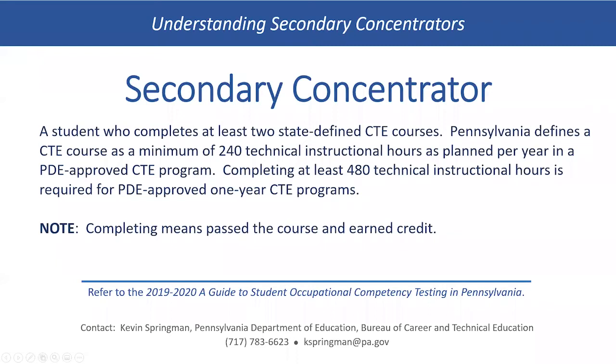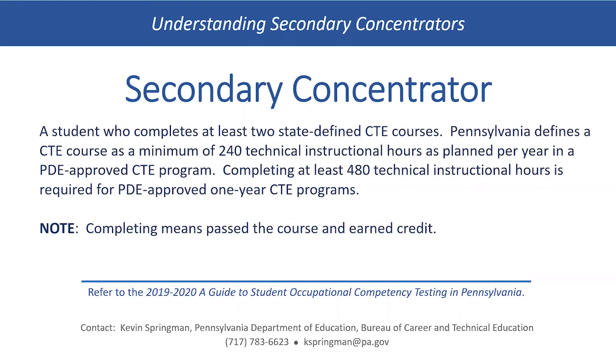The definition of completer is a student who has: 1, completed all secondary level competencies necessary to achieve his or her career objective or met appropriate related IEP objectives; 2, completed a PDE approved occupational end of program assessment or completed a program which has an assessment waiver; and 3, attained a high school diploma or equivalent.